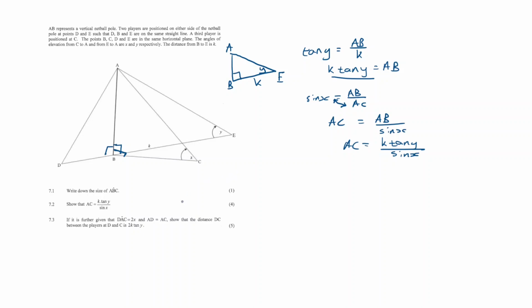Then the last question: if it's further given that the angle DAC, which is kind of an angle floating in mid-air, is 2x, and AD, this line, equals AC, show the distance between DC.